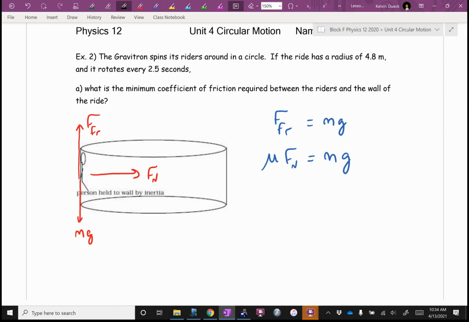So I'm going to leave this equation, and now I'm going to write a horizontal equation. Normal force is what's pushing me in a circle. Which version of a am I going to use? The one with the v in it or the one with the T in it? Read the question and figure it out.